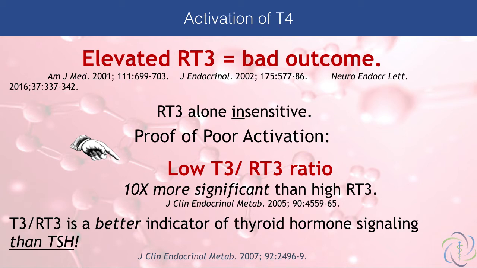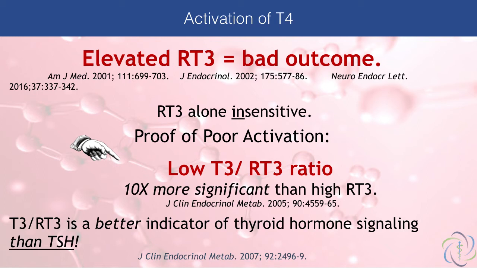Reverse T3 as a blood test alone is not very sensitive. And so in order to really assess this activation of T4 properly, you have to look at a ratio between the T3 and the reverse T3.